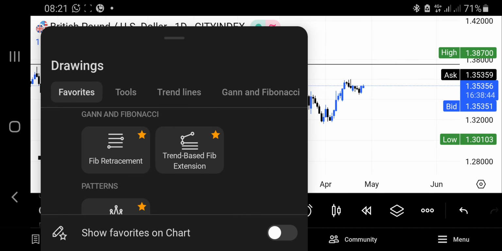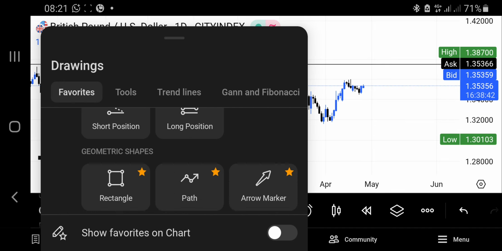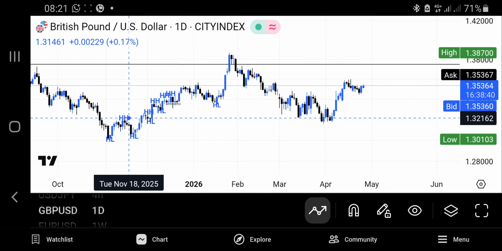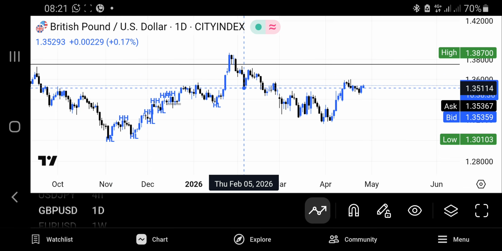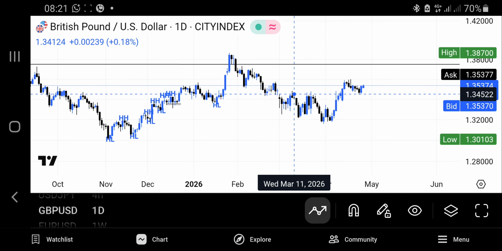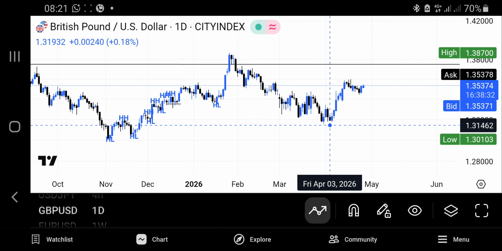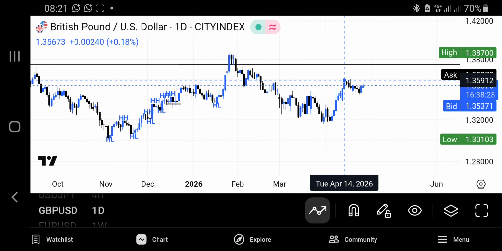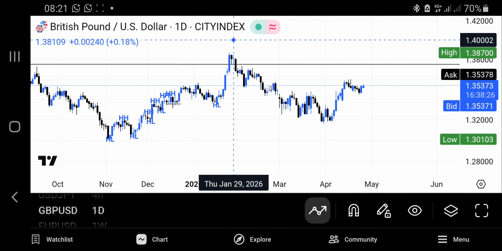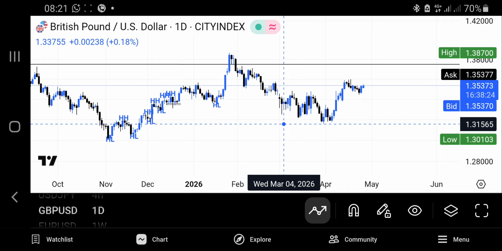Pounds dollar was bullish at this point. Then when you get here, it started falling. You can see it became bearish, and then when it started here, it became bullish, bearish.